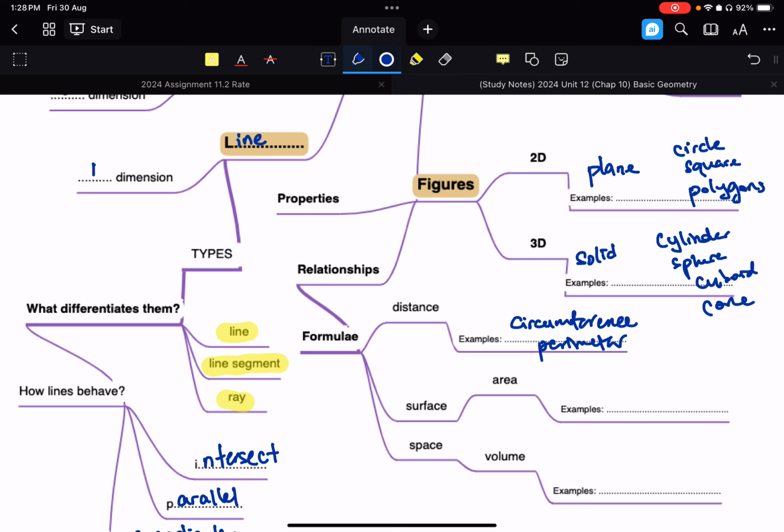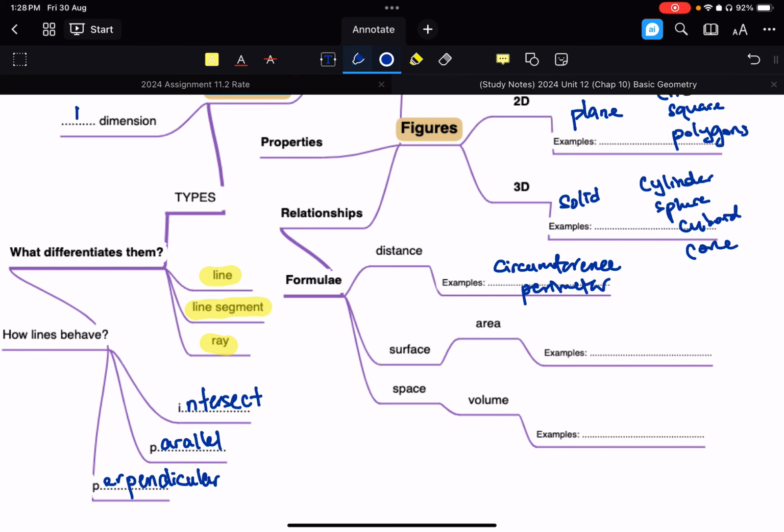So we talk about measuring the circumference and the perimeter, and then there is the surface, where we talk about the area of the circle, areas of all your various shapes, area of circle, area of trapezium, area of parallelograms, and that is just two-dimensional area.